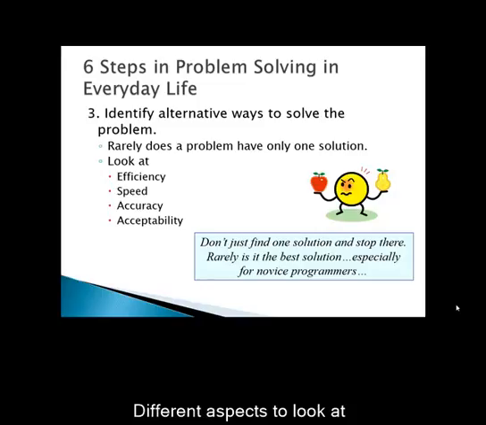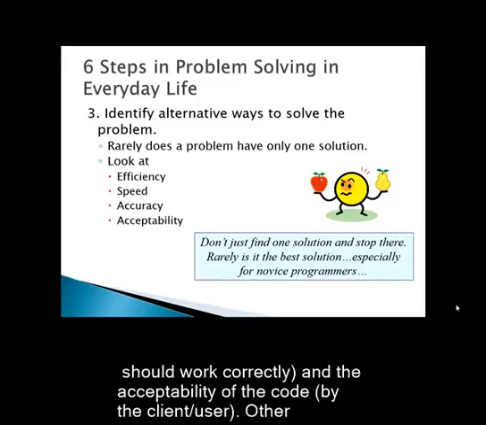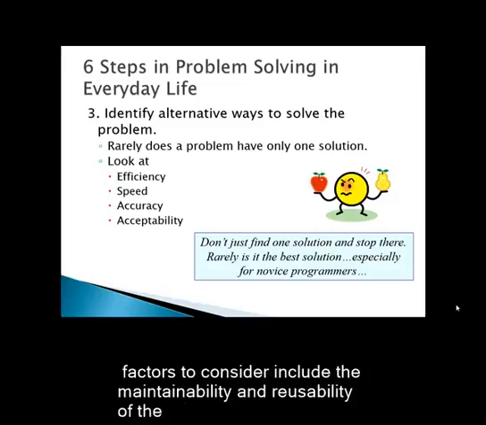In your daily life it is also the same. You ask, can I do this, is there any way that I can do this better, faster, more efficiently? Rarely does a problem have only one solution. If there's a problem, you can tackle it from a different way.